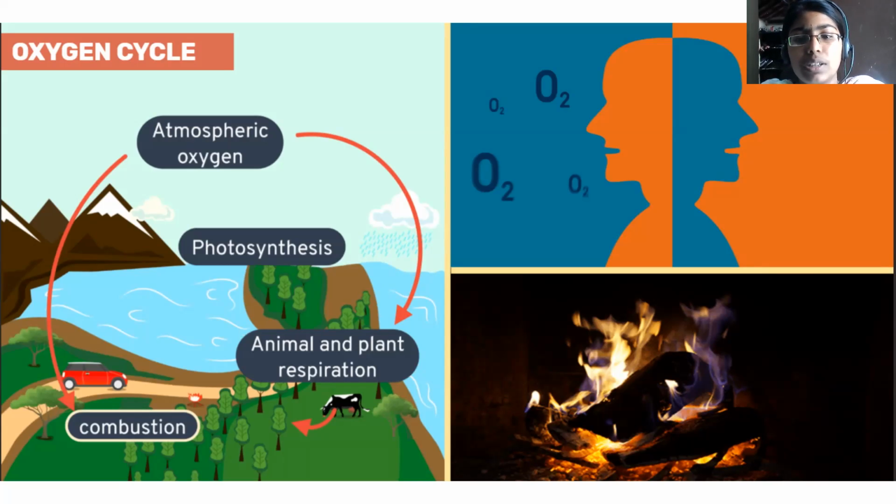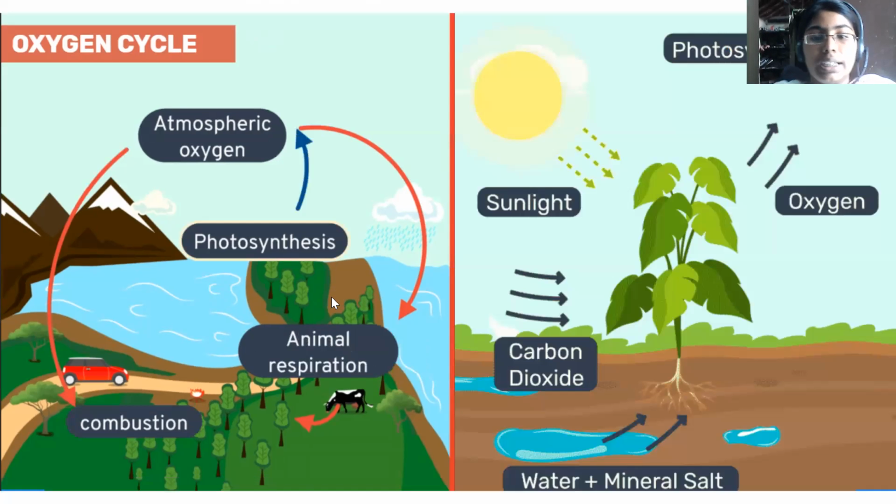Oxygen is consumed by human respiration, because we take in O2 and give out carbon dioxide. Am I right, Atulyan? Yes, ma'am. Okay. So this is the oxygen cycle, how it is being emitted and how it is being taken away.